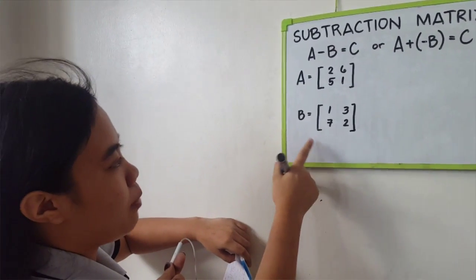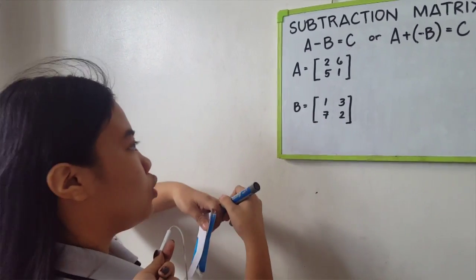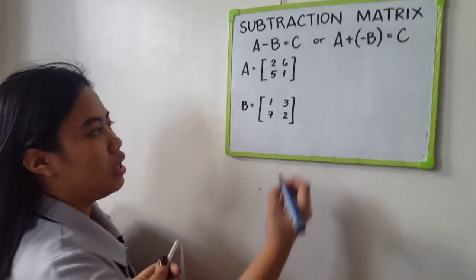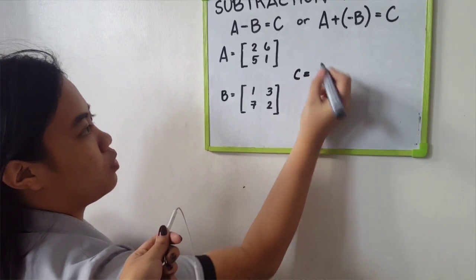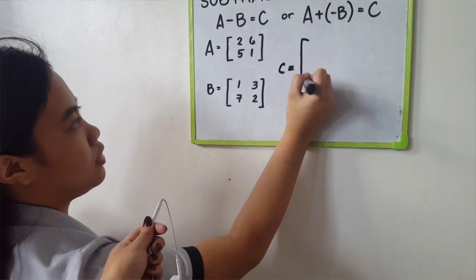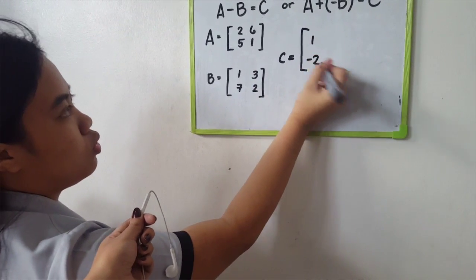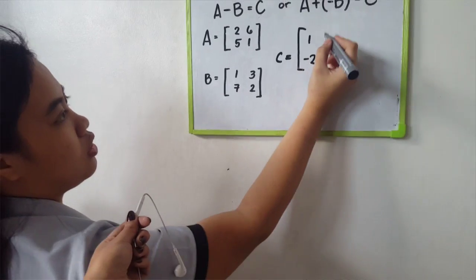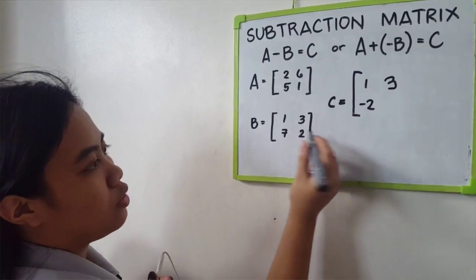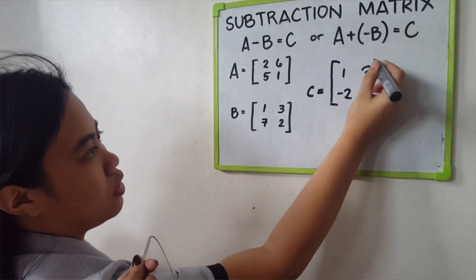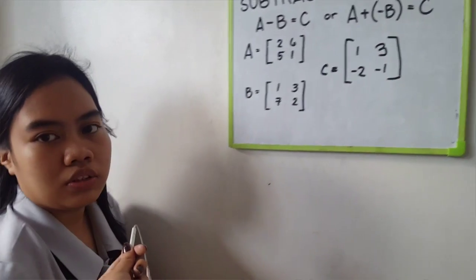B equals 1, 7, 3, and 2. To get the value of C, 2 minus 1 equals 1, 5 minus 7 equals negative 2, 6 minus 3 equals 3, 1 minus 2 equals negative 1. So, this is the value of C.